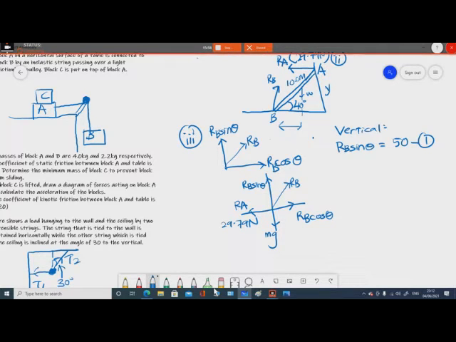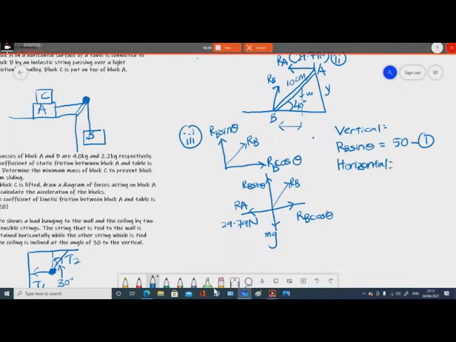As for the horizontal component, all forces acting on this ladder are what we call coplanar forces, as we mentioned in the previous video.